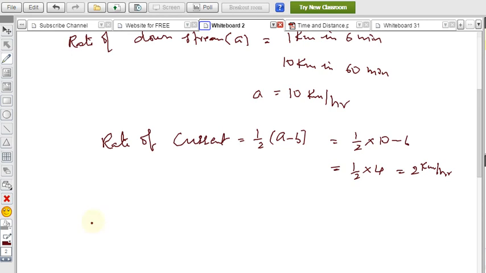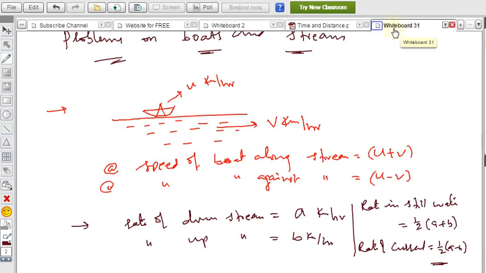So half into A minus B is rate of current. Rate of still water is equal to half into A plus B. This also you can remember.